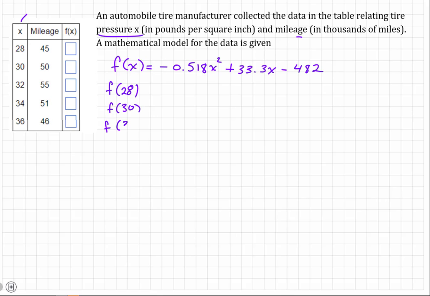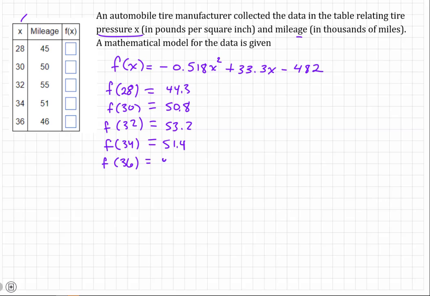Hopefully you have a calculator that you can just up arrow and change these numbers right here. As you're putting these in, you're going to round to one decimal place. So that's all I did here, just showing you these values for my example, 51.4 and 45.5.